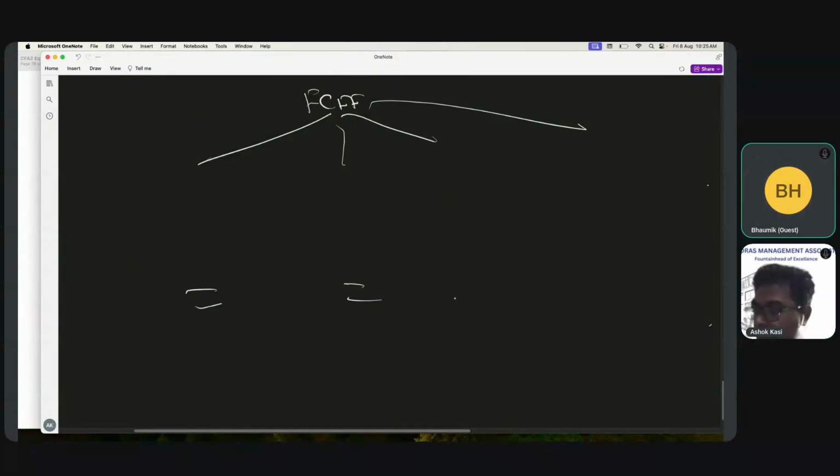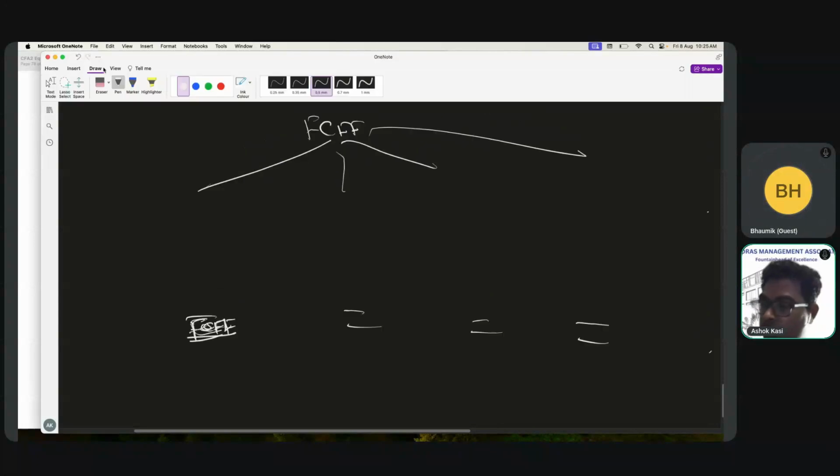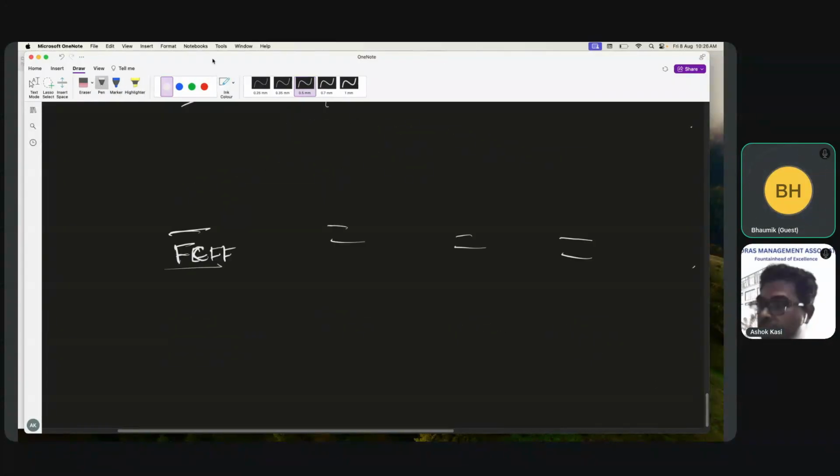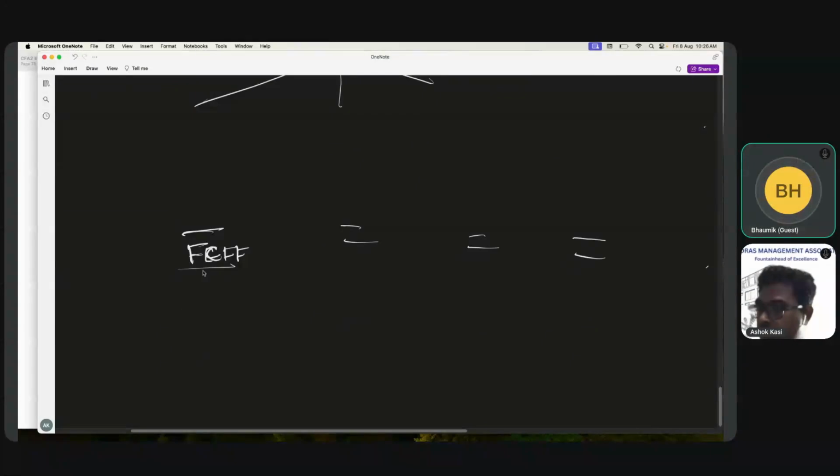So once I find out free cash flow to the firm, this is the free cash flow available. Now what is the firm's value then?